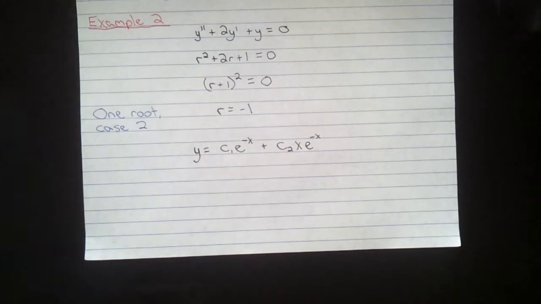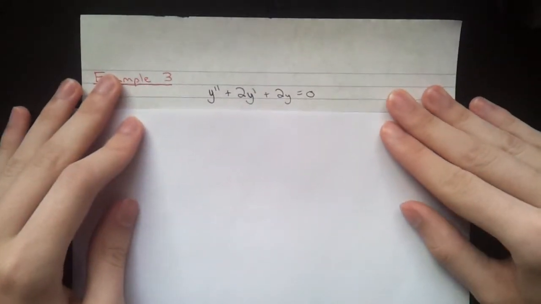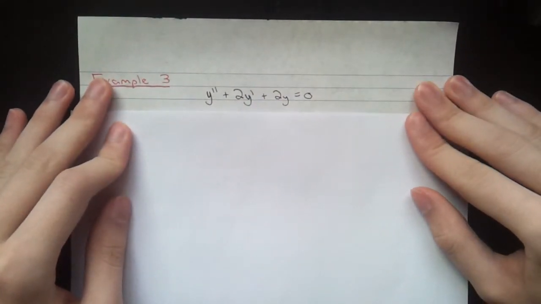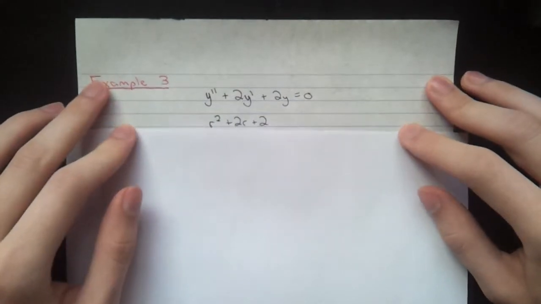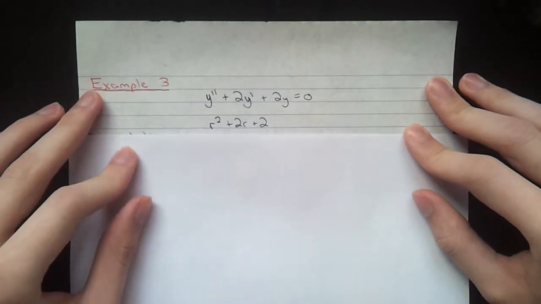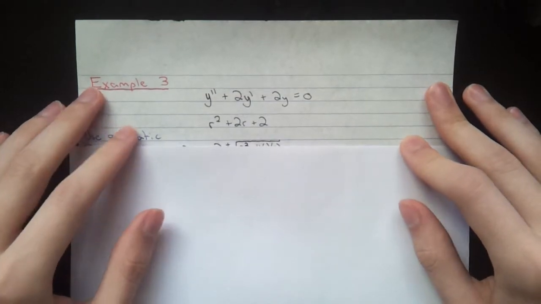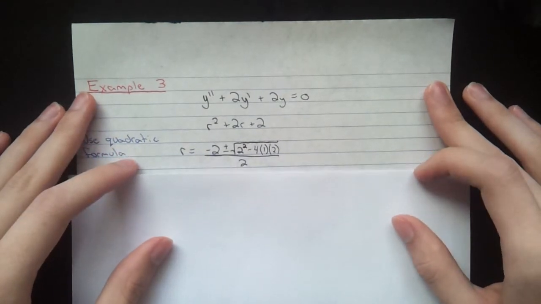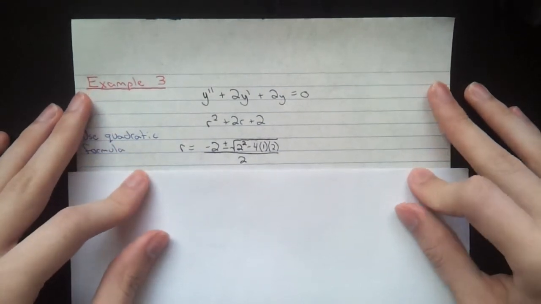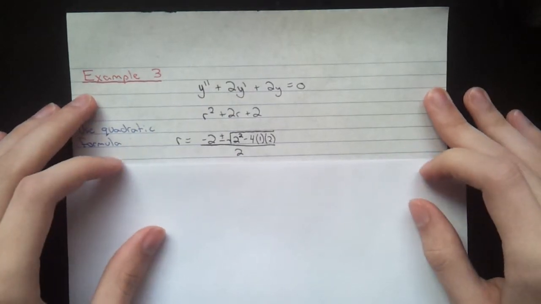Example number 3. Here we have y double prime plus 2y prime plus 2y equals 0. R transformation, we get r squared plus 2r plus 2. And we use the quadratic formula here because I don't know how to factor that. So we have r equals negative 2 plus or minus the square root of 2 squared minus 4 times 1 times 2, all over 2.